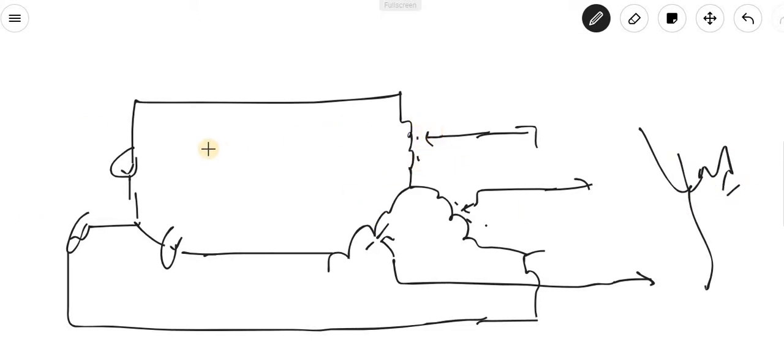Variable point means what? Here, suppose we are stepping up or stepping down.